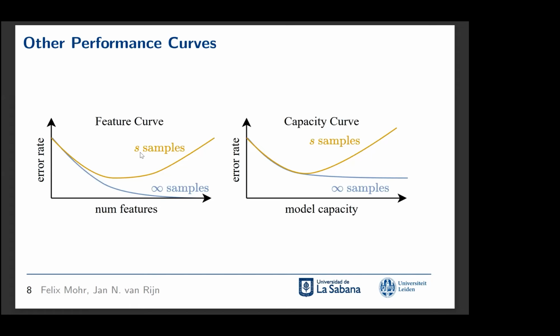If we have very few features that are not informative, we will not have such a great performance. Getting some more informative features will improve the situation, so we have this slope that goes down here. But if you have, again, too many features, then the learner will be confused and the performance will start to deteriorate again. If we have an infinite number of samples, then this won't happen and more features will just be helpful.